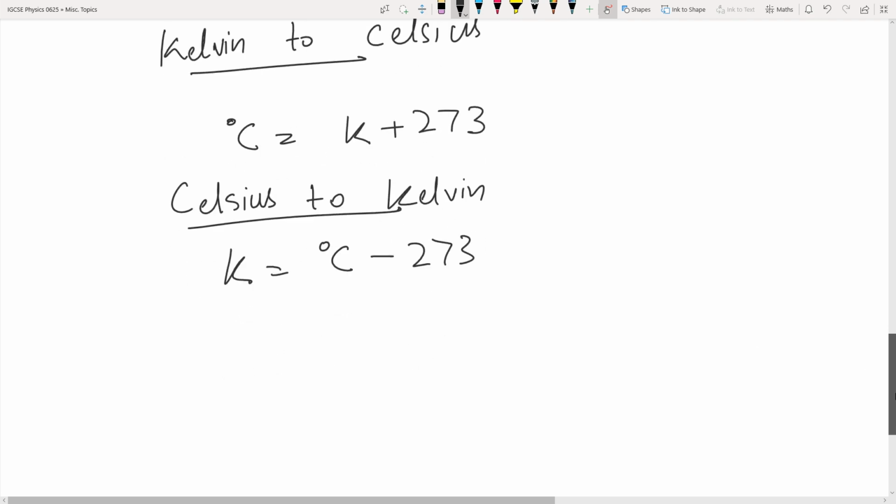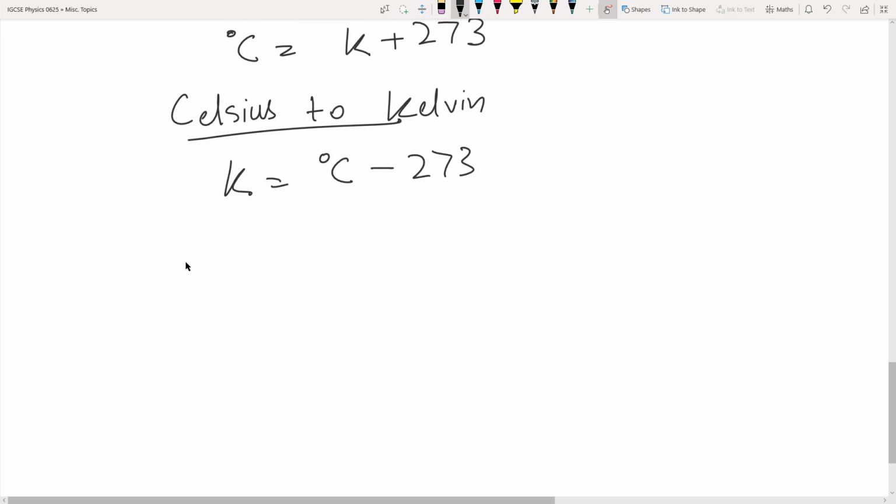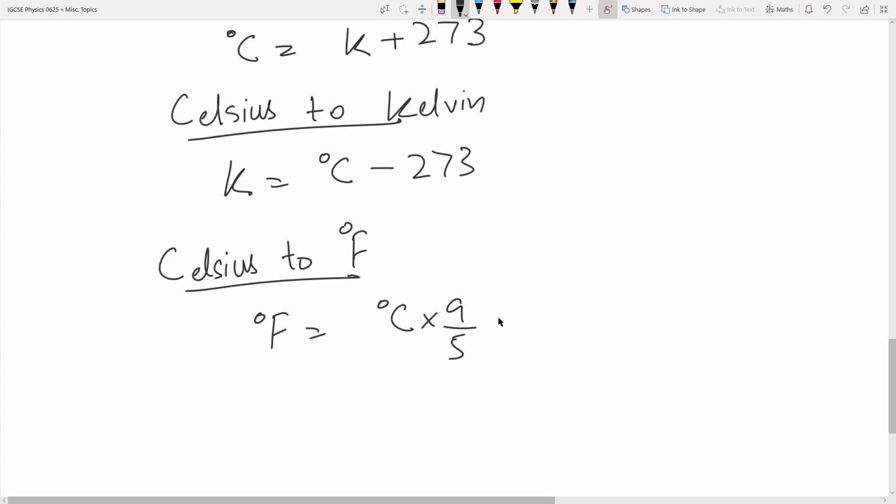So this is for Kelvin, and then we have Celsius to Fahrenheit, degree Fahrenheit. So it would be degree Fahrenheit equal to degree Celsius into 9 by 5 plus 32, right?